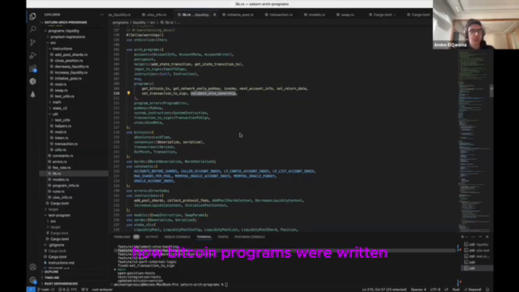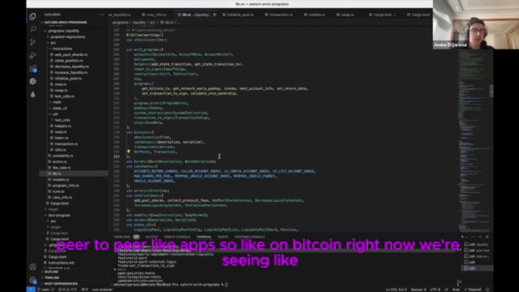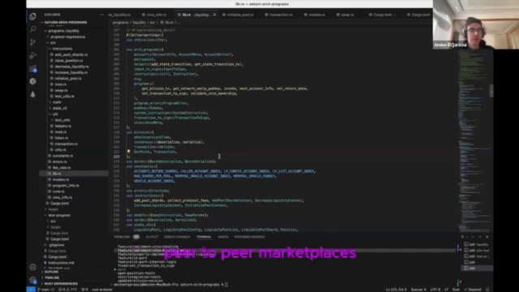Regarding how Bitcoin programs were written, you basically use scripts only, and you'd construct Bitcoin transactions. You would put the inputs and the outputs, and that can unlock some use cases, mainly peer-to-peer apps. On Bitcoin right now, we're seeing peer-to-peer marketplaces like Magic Eden.